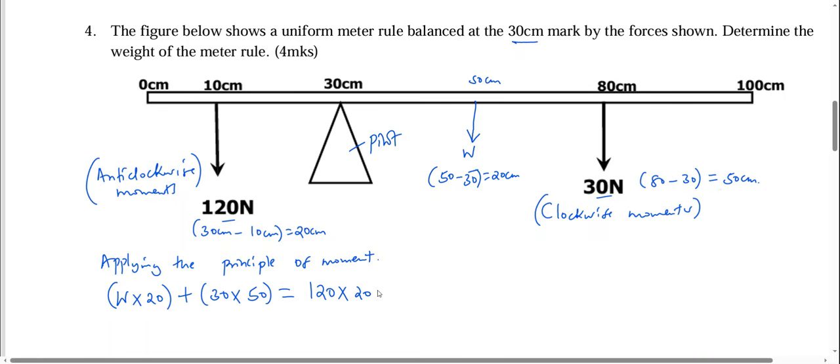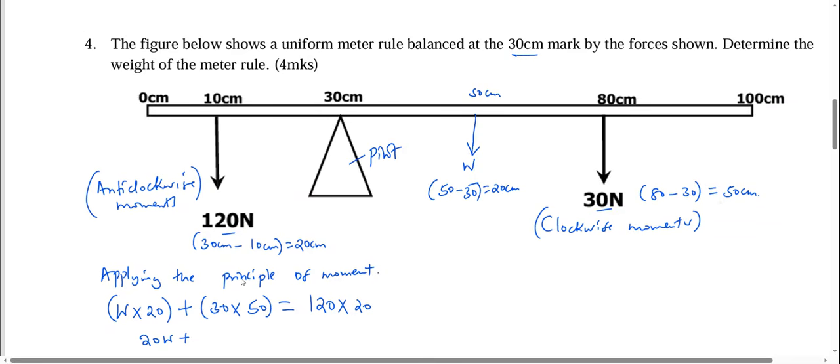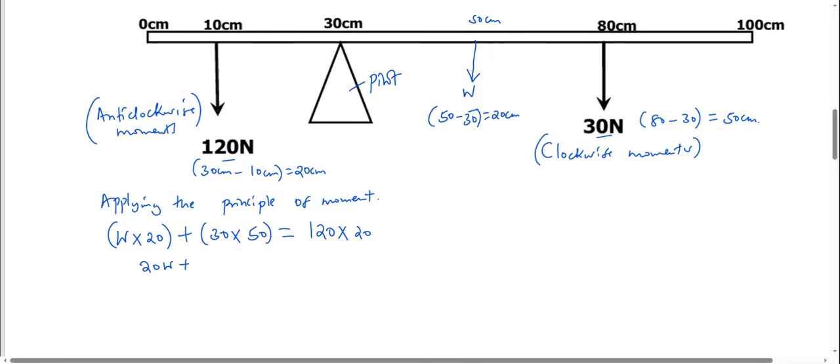Now this will give us 20W plus 1500 is equal to 2400.